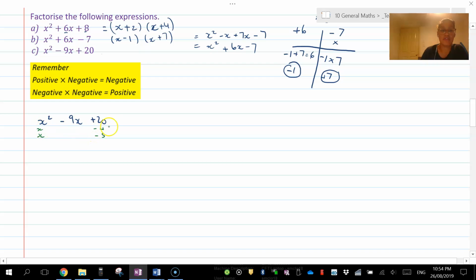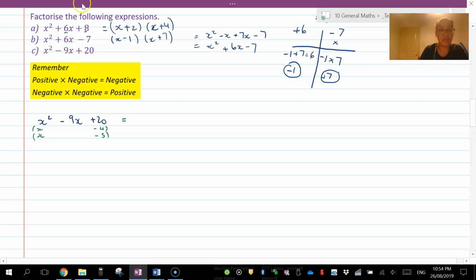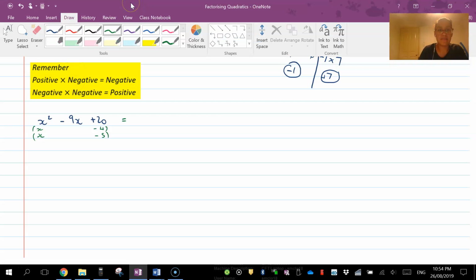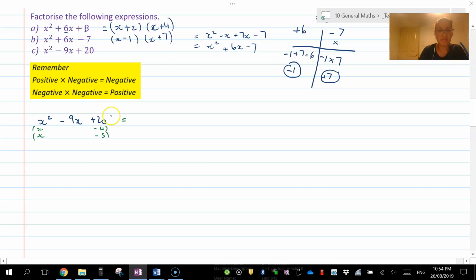If you have a look here, I've set up my two brackets. Now I know some people don't like this method. This is the one I grew up on, so I like using it. But if you find something that works better for you, then that is fine. So it's x minus 4 and x minus 5.